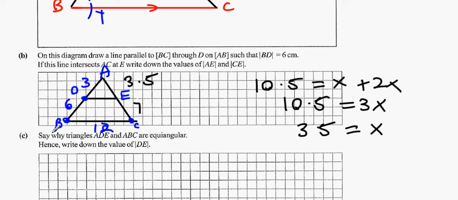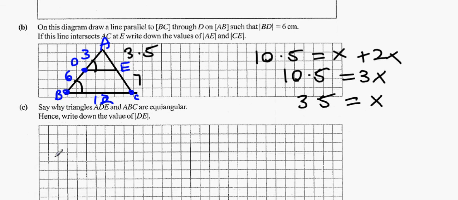Say why triangles ADE and ABC are equiangular. The reason why they're equiangular is basically if we're to draw out the 2 triangles in question. So ADE is the smaller triangle and ABC is the bigger triangle. What we could say is that, now please remember these 2 lines are parallel, okay?